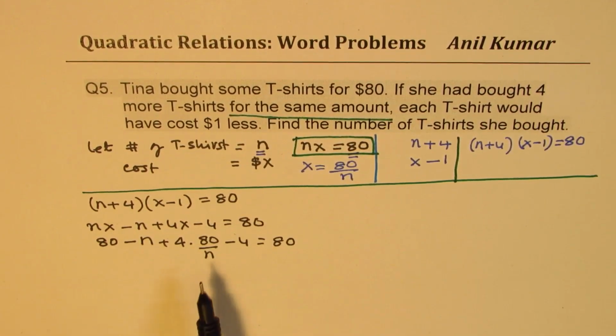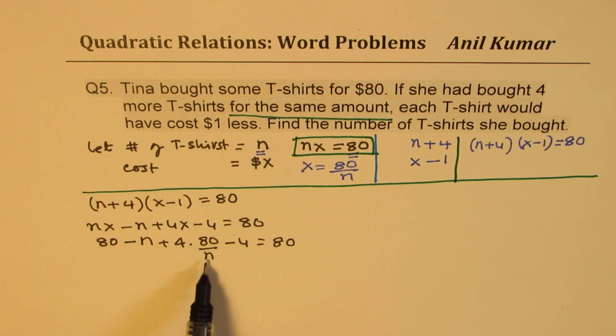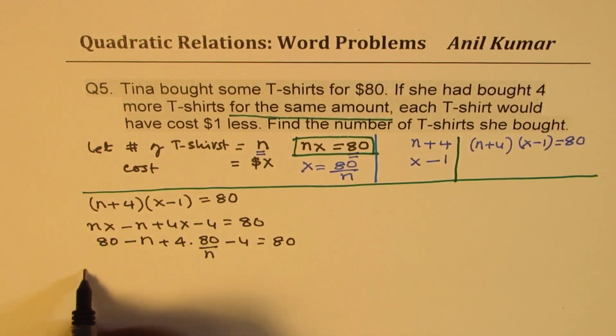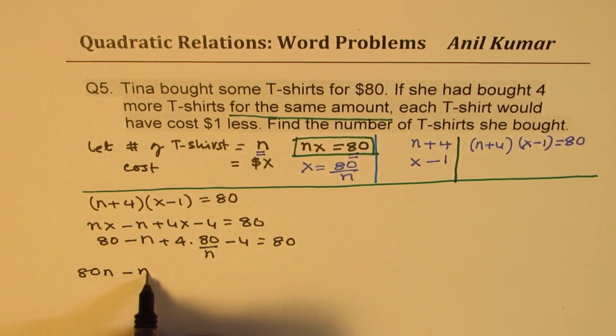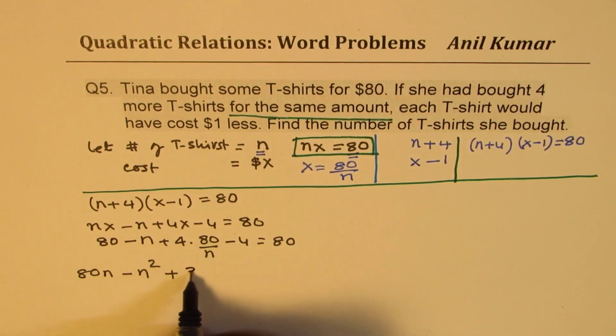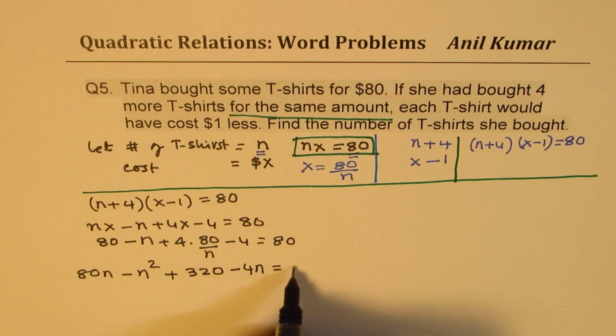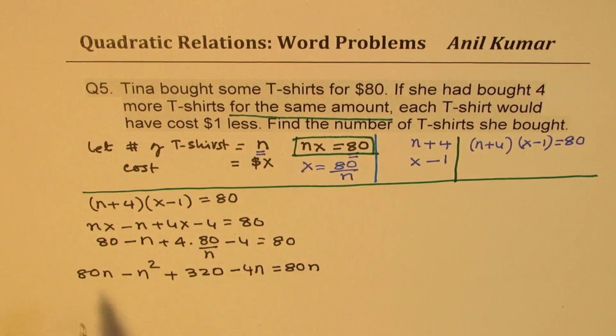Now we can simplify this and write it as a quadratic equation. First, let's bring all the terms together and multiply by n. If I multiply by n, I get 80n minus n square plus 4 times 80, which is 320, minus 4n equals 80n.